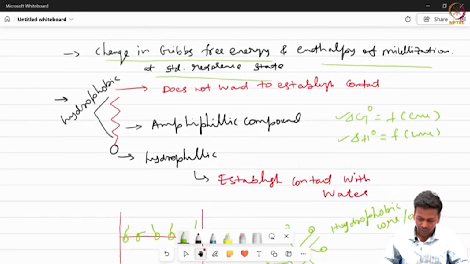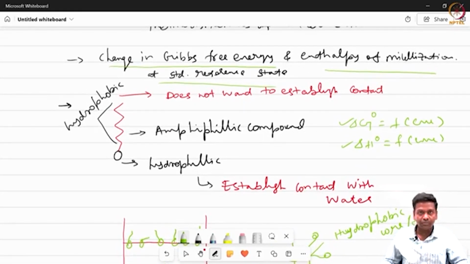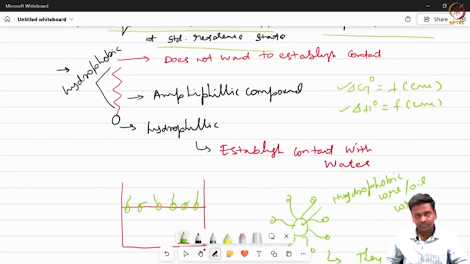So we will look at some of the important concepts before we move on to the thermodynamic aspects. So we will try to understand what is critical micellar concentration. First of all, we know that there are two counteracting components. The surfactant is basically an amphiphilic compound, which consists of two parts.